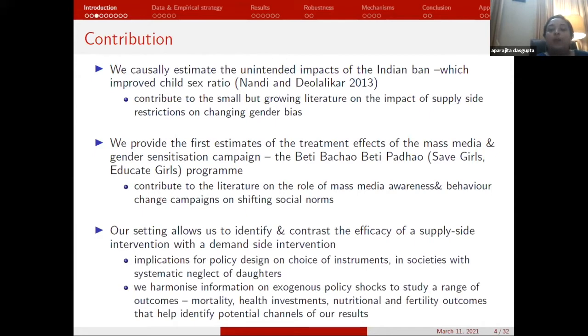Our setting also allows us to harmonize information on exogenous policy shocks to study a range of outcomes, starting from mortality, health investments, nutritional outcomes, and fertility outcomes. And in this manner, we are able to throw some light on the potential channels behind our results.